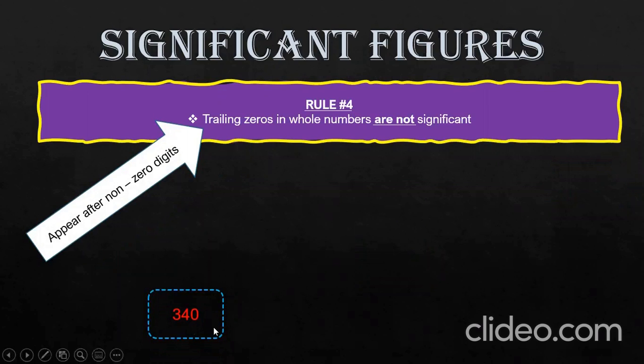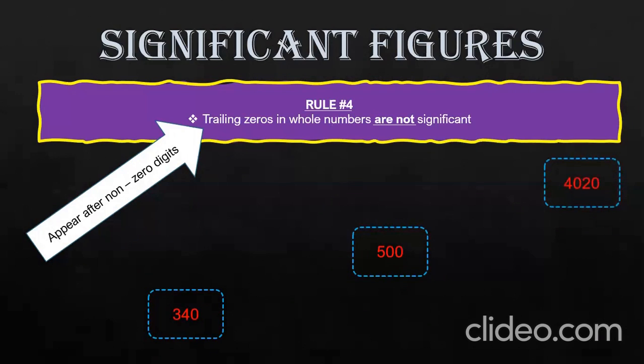And so this is considered to have only 2 significant figures. 500 has 1 significant figure. 4020 has 3 significant figures. This first 0 here, it is significant because it falls between 2 non-zero digits. However, this trailing 0 here, the one at the back, it is not significant. It's just a placeholder. So we're counting only these 3.